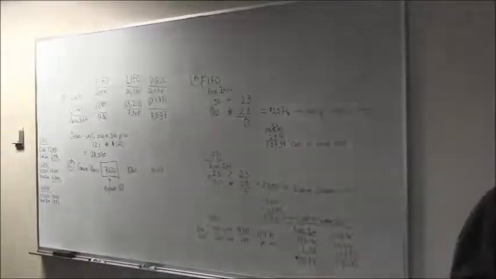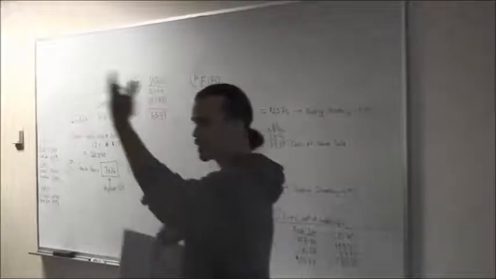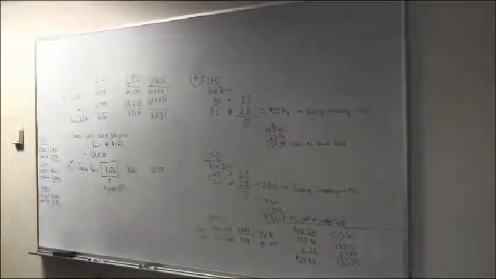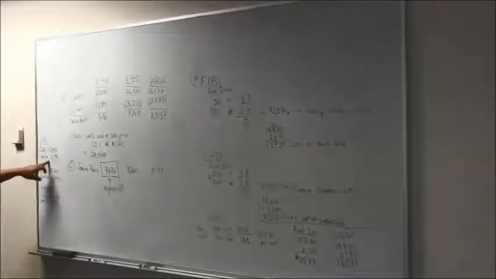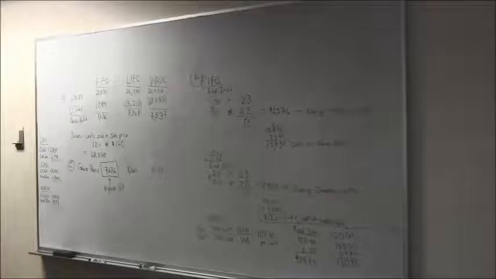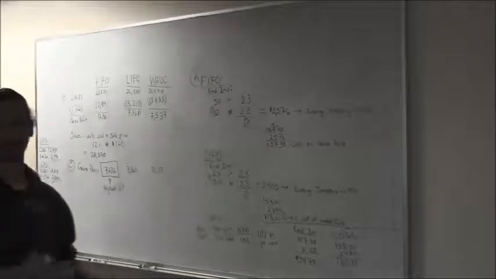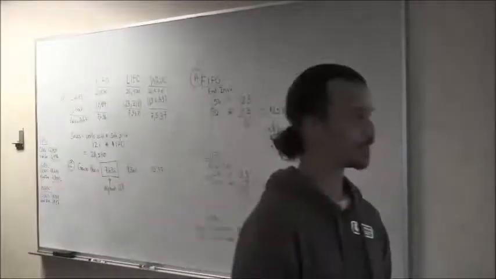It's going up. 100, 106, 110, 112, 113, 115. Numbers are rising. FIFO will give you the highest gross profit as well as the highest ending inventory. They work together. Whichever one gives you the highest gross profit will give you the highest ending inventory.